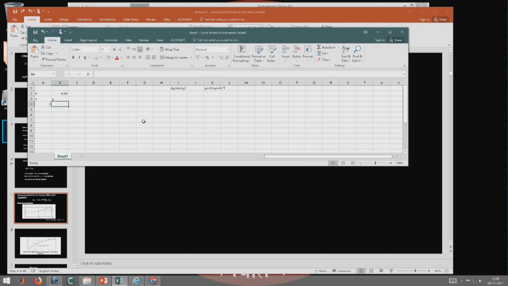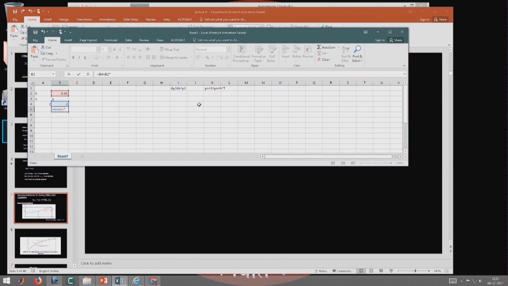So we will take this is equal to this plus the h step length, okay, multiplied by the y square.